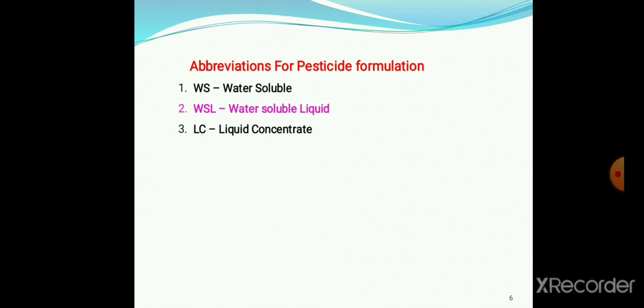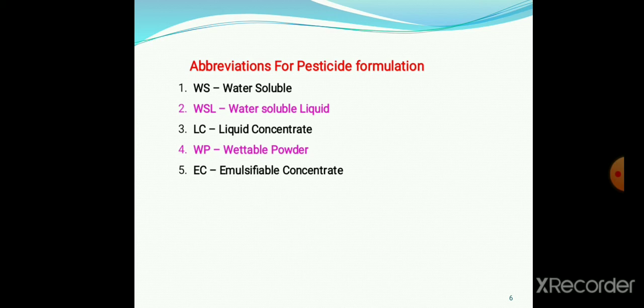LC. What is LC? LC is nothing but liquid concentrate. Then WP, this is a wettable powder. There are certain pesticides which have dry or solid components, in powder or amorphous form, and hence its name is wettable powder.